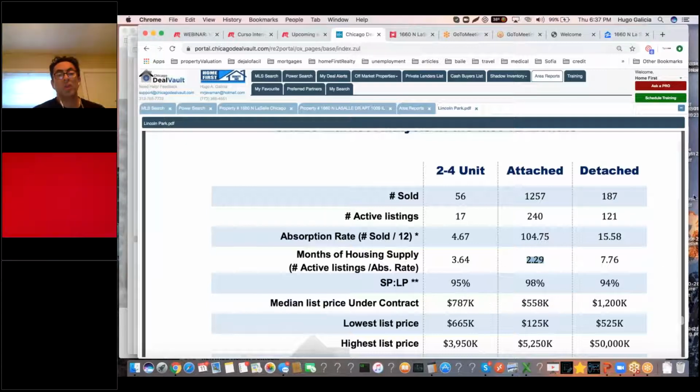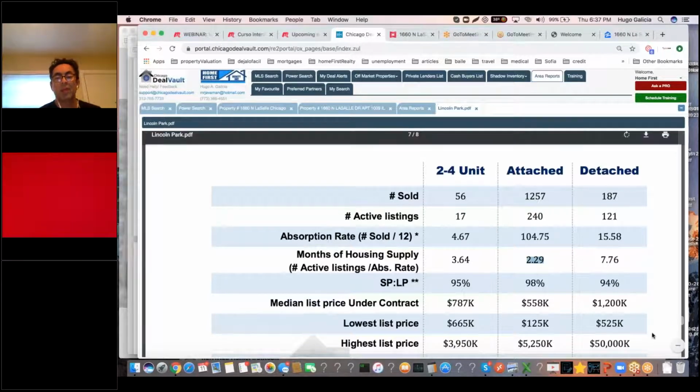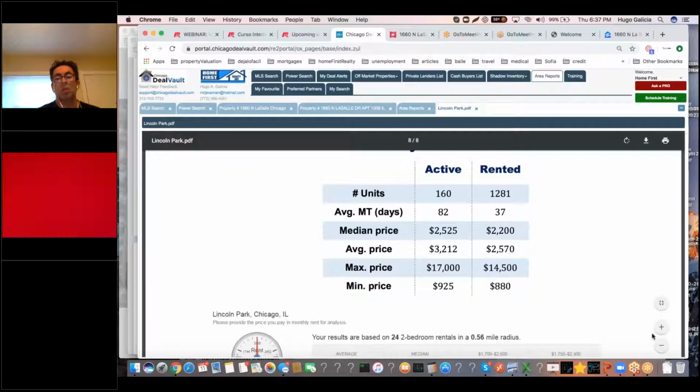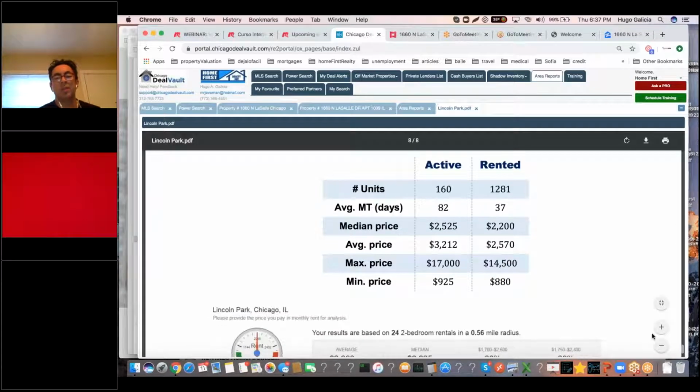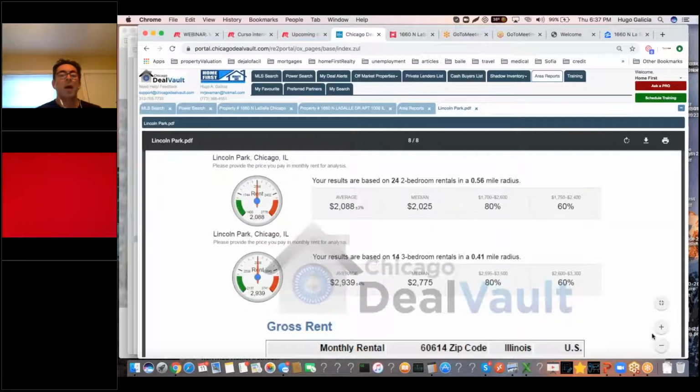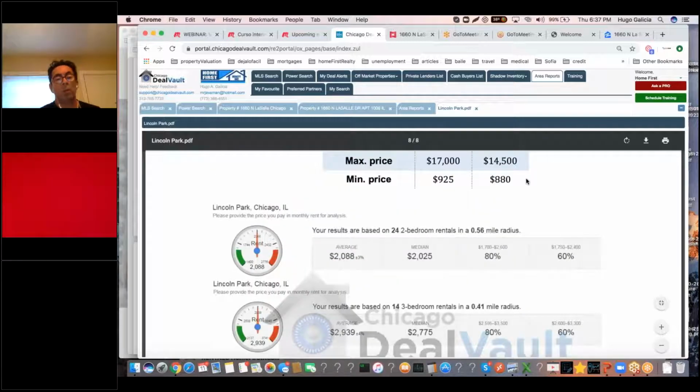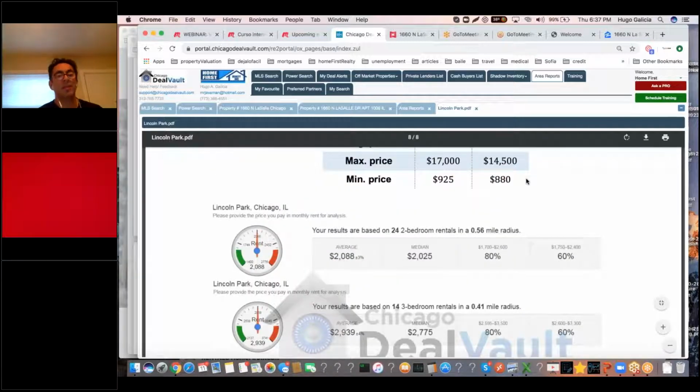Now, the next question is, so now we understand the market. Rents are going to be super high as well in this neighborhood. If you scroll down, 2000, it goes crazy for the rents in these neighborhoods. But we're not going to do buy and hold. Flips is what makes sense in these areas.